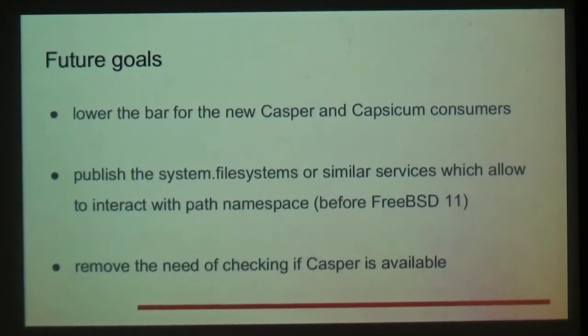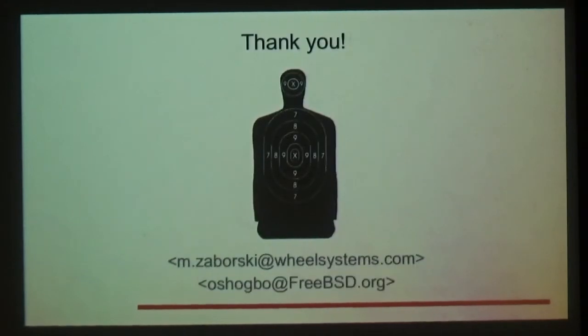And like we saw before, it is still needed to check if Casper is needed in this part of the code, so we have to define which function we need to use, and I also would like to remove that. So thank you very much.